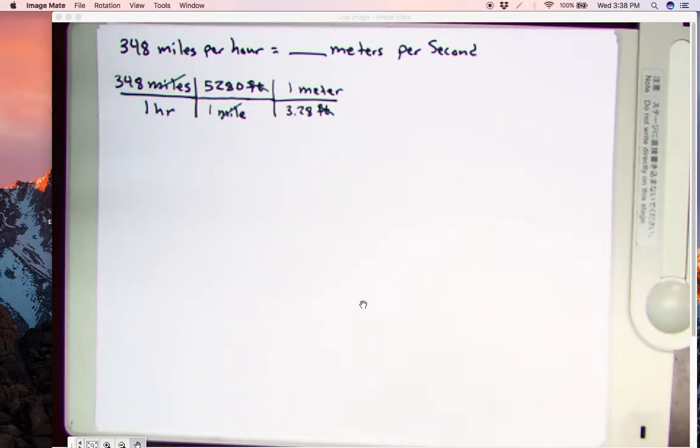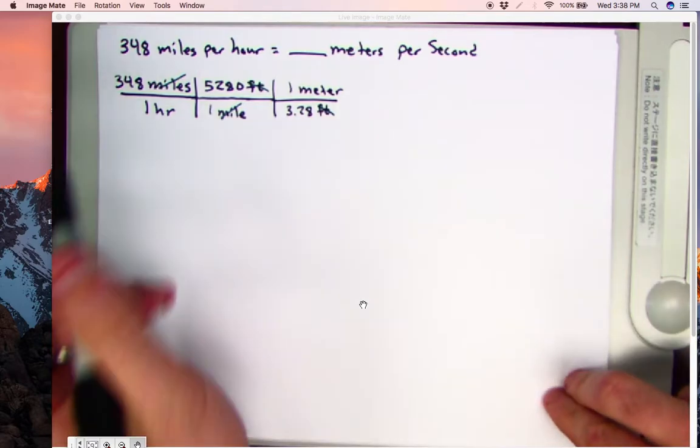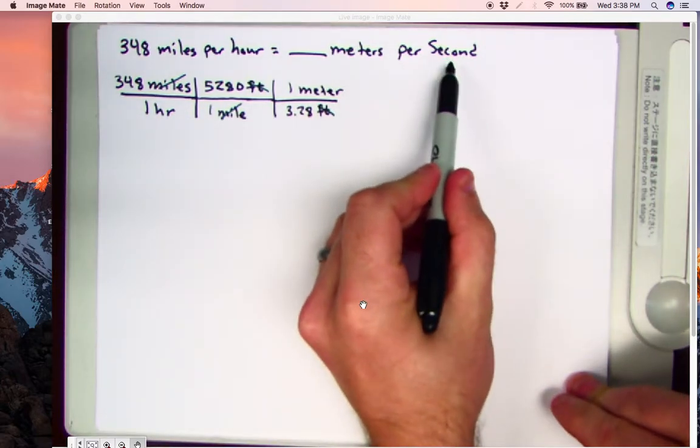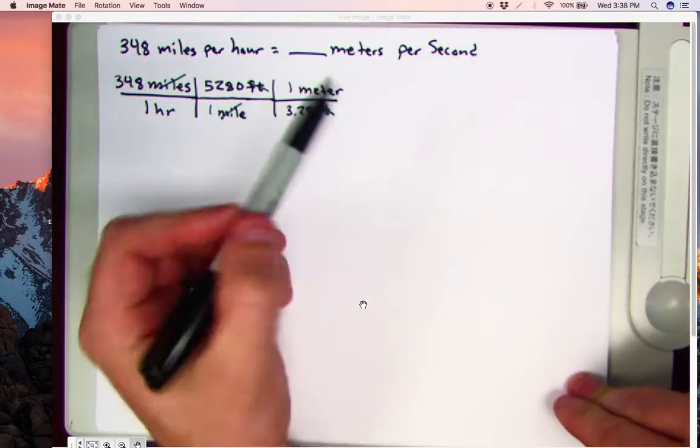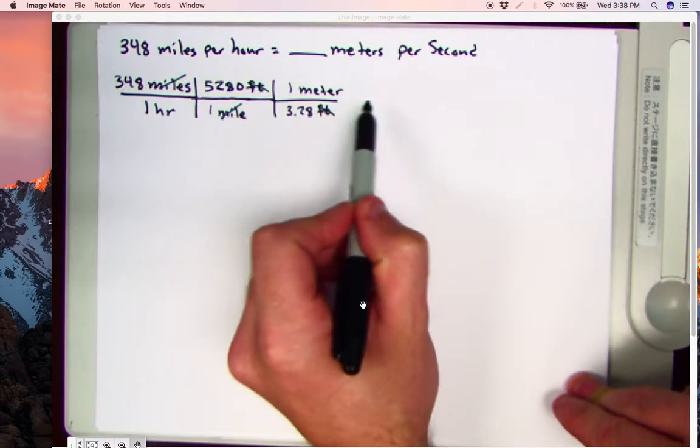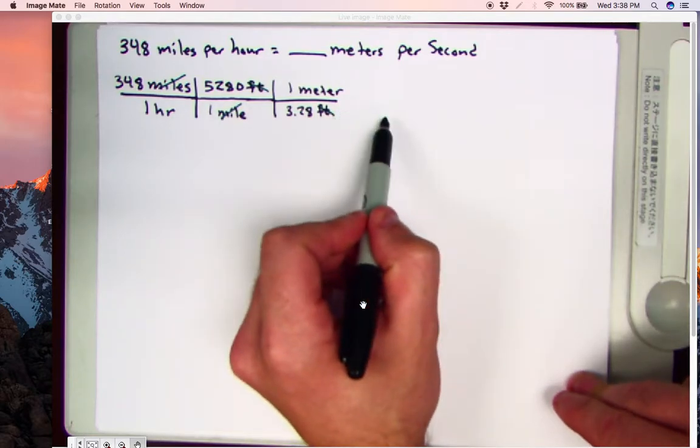So right now, we don't have to do anything with the meters. We're good. Now let's take care of this hour. On the bottom, we should have a second for our answer. So the second should be the only unit you see on the bottom.